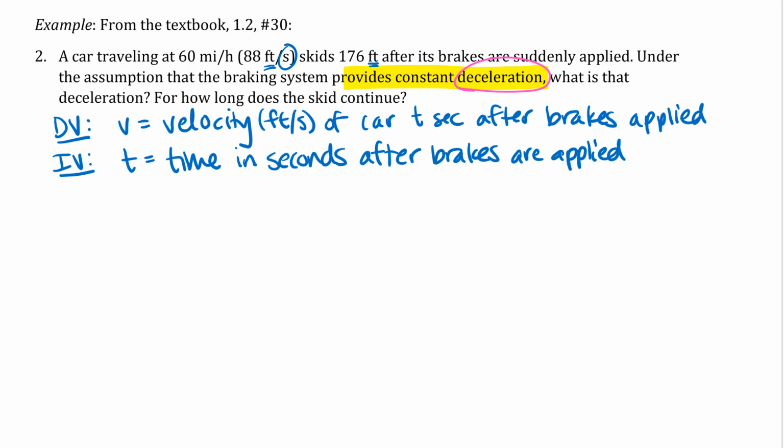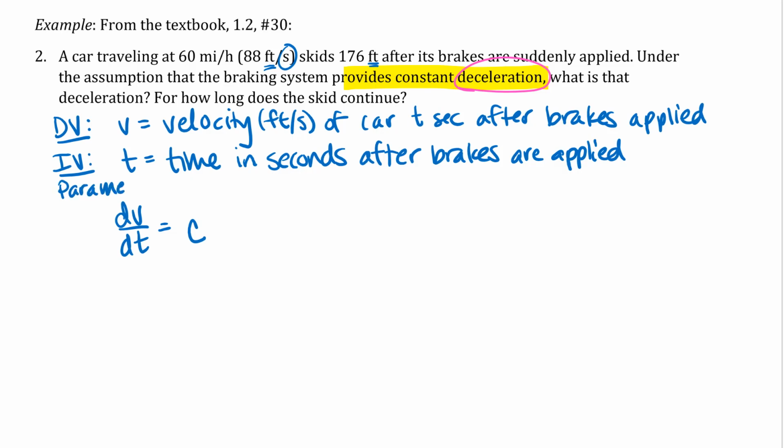Alright, so we're going to go ahead and write down a differential equation here. So we have an assumption that the braking system provides constant deceleration. So that tells us that our assumption is that the rate of change of velocity with respect to time is some constant. And so I've used c there to represent that constant. So that's really another thing I need to describe here.